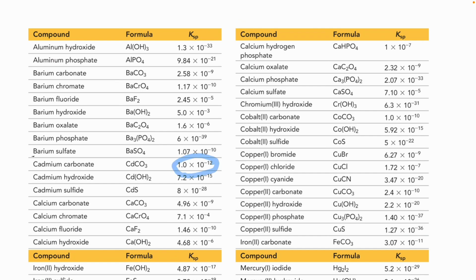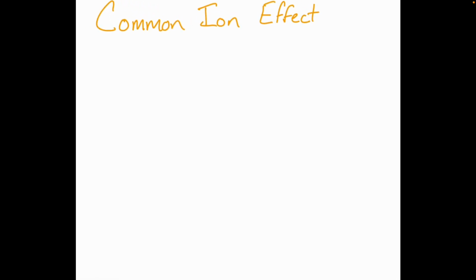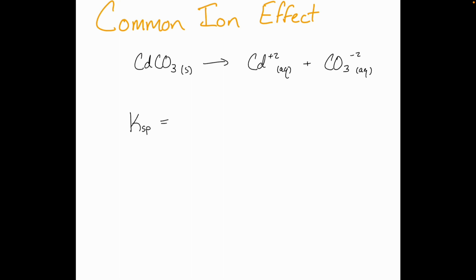All right, so for cadmium carbonate, we take this and put it into solution. It dissociates into cadmium ions and carbonate ions. The KSP for this reaction is just the equilibrium constant, products over reactants.